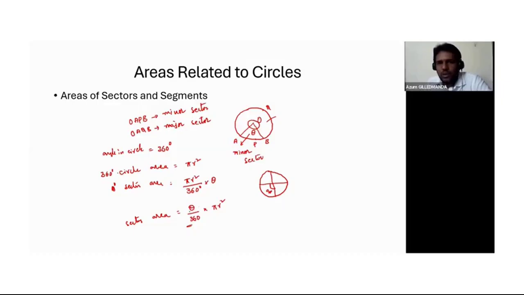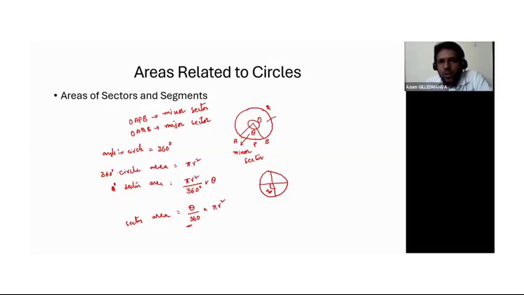Then if I substitute, 90 by 360 means 1/4 into pi r square. So each part's area is 1/4 of the total area. If the total area is 100 centimeters square, each part is 100/4, which is 25. So the sector area is theta by 360 into pi r square.